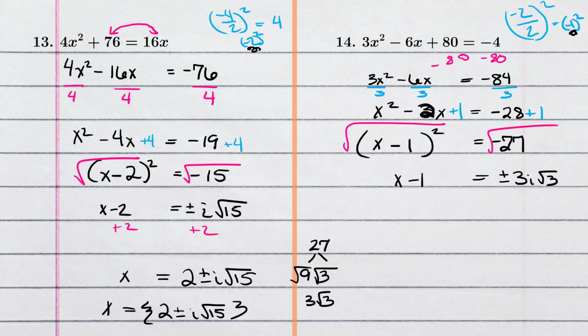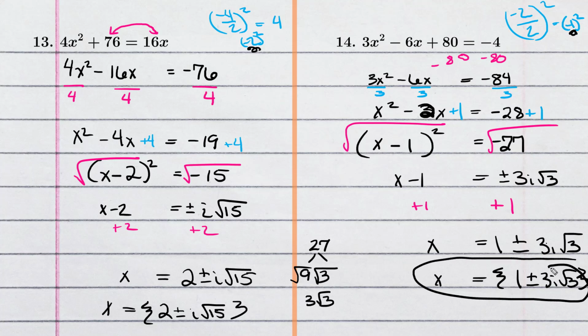Now I need to add the 1 to the other side. And so I have x is equal to 1 plus or minus 3i square roots of 3. And so I write my solution set, 1 plus or minus 3i square roots of 3. And that's your answer.